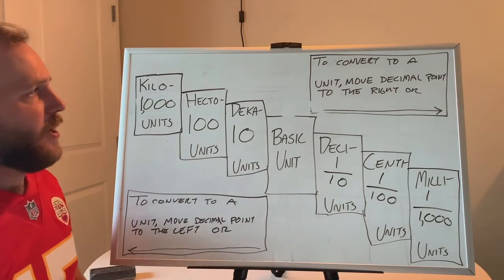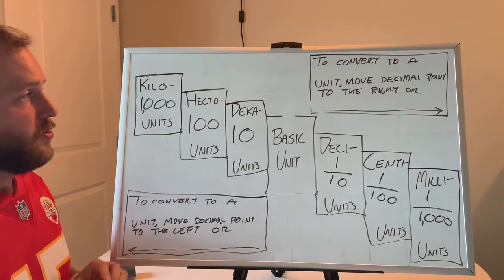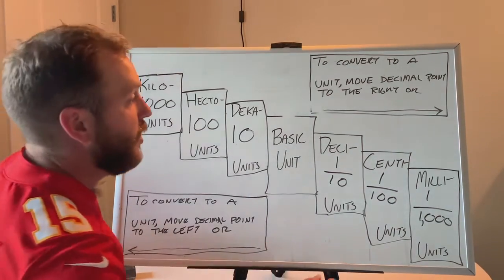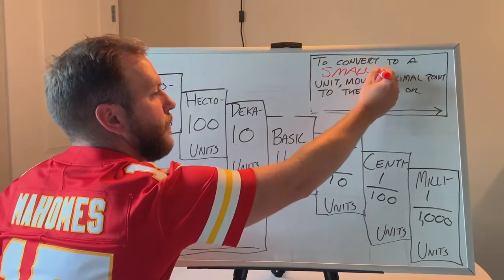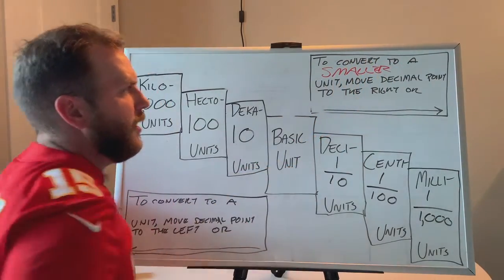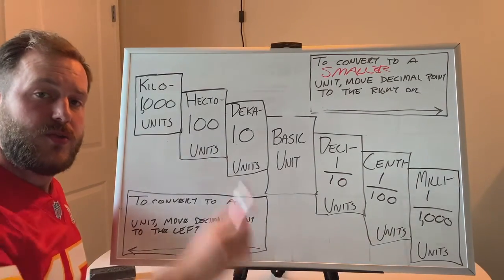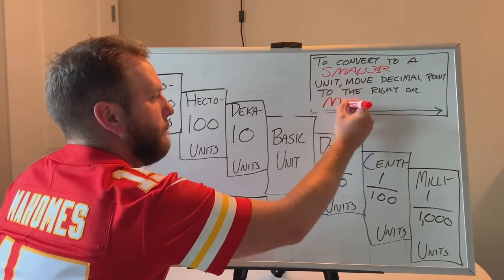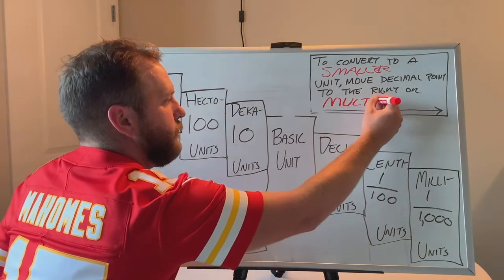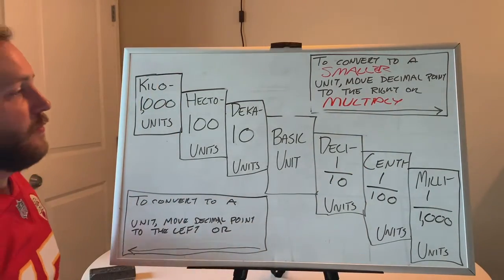So let's talk about how you do conversion. In order to convert to a smaller unit, you are going to move the decimal point to the right, or you are going to multiply. So let's talk about what that means.